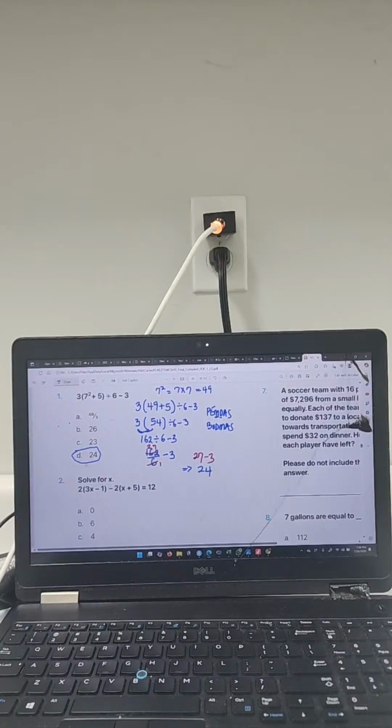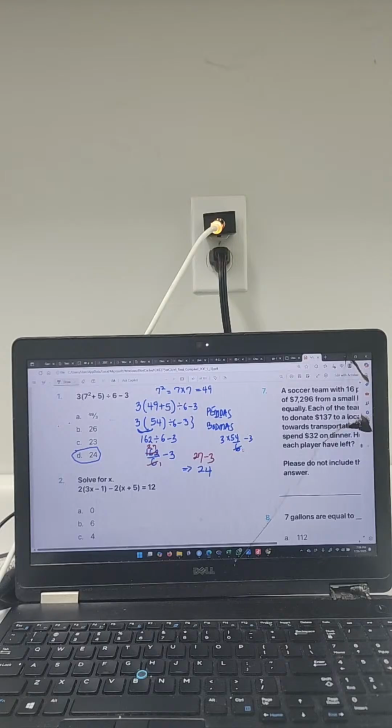If you look at what I did here, you have to solve what you have in the parentheses first. After solving that, you can say we have 3 times 54 divided by 6. In fact, if you do it this way, your answer is still going to be the same.